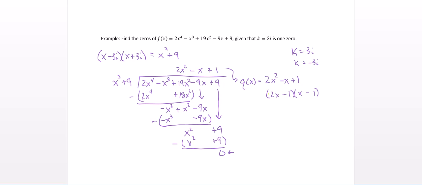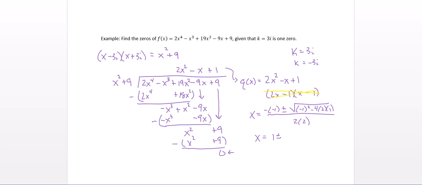So I'm going to use yellow here to indicate that doesn't work out. I like yellow for crossing things out because I can still see through it. So instead I'll use the quadratic formula, set this quotient equal to 0, and I will find x equals negative b plus or minus the square root of b squared minus 4 times a times c, all over 2 times a.